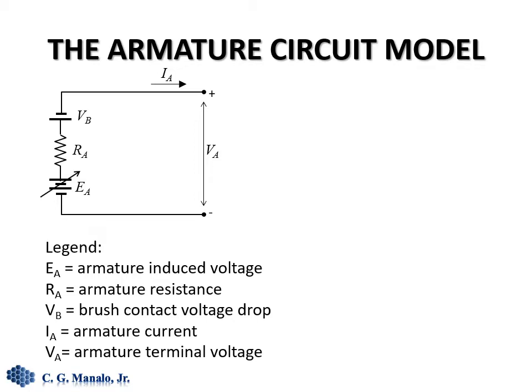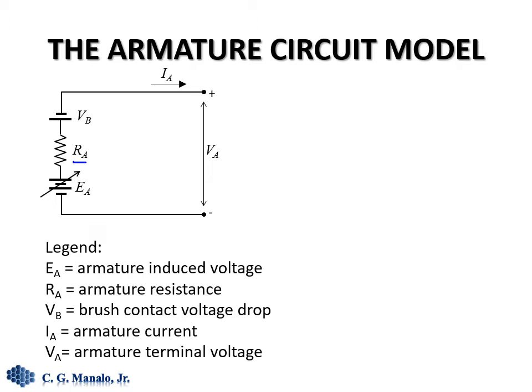Now, being a coil, it has resistance, so we call that resistance R sub A. And to extract the voltage, we have a brush, which is made of carbon, and being carbon, it has resistance and also creates a voltage drop.